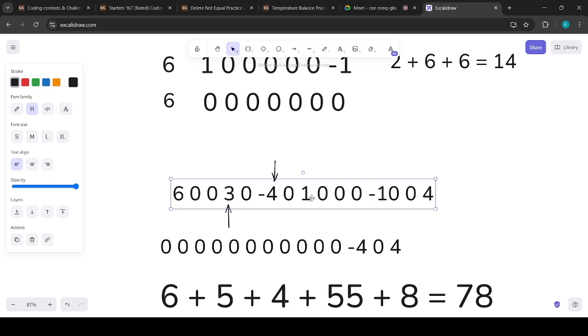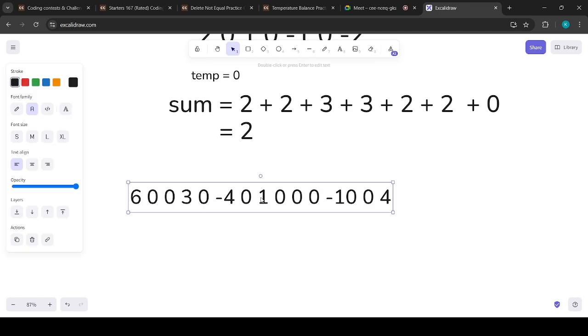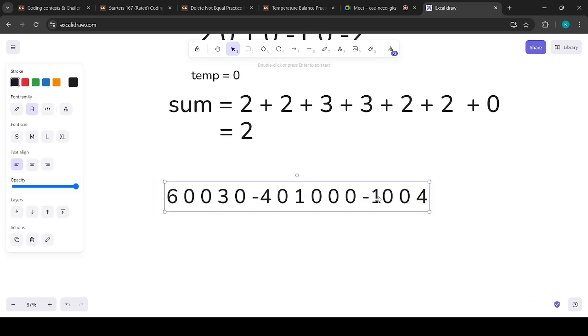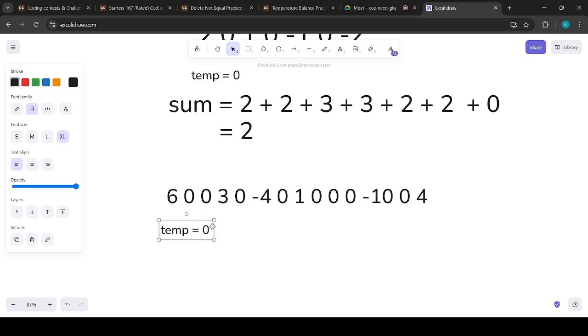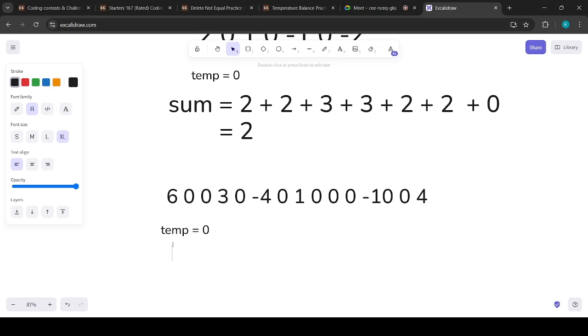Like in that test case, if we take our previous approach, at -10, in this first temp will become 6.